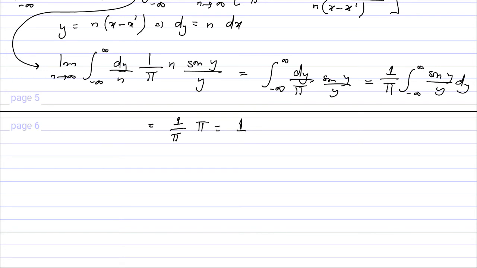So the Dirac delta function has the property that the area under the curve is simply equal to 1, and it is sharply peaked. It blows up. It's infinitely peaked at the point where x minus x prime is equal to 0, or where x is equal to x prime, and is 0 everywhere else.